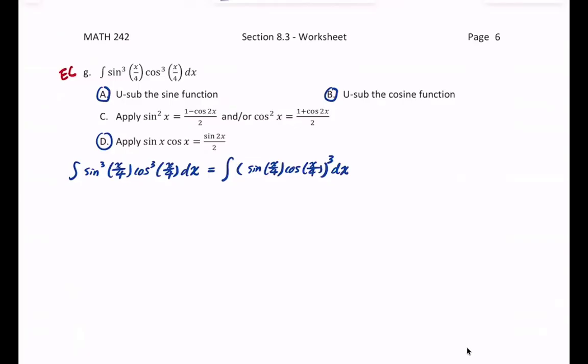And then you apply that identity in D. Okay, so at this point, you already doubled the angle. So when you cube it all out, you have a constant 1/8, and then you have sine cubed.